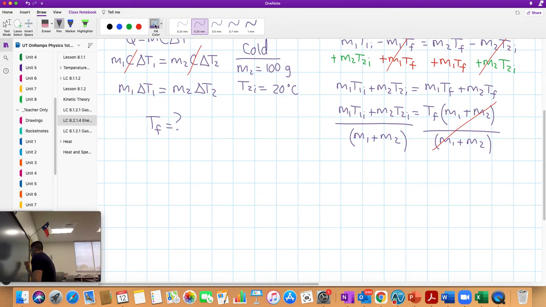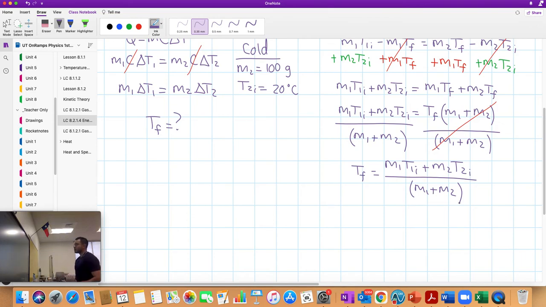So our equation will say temperature final is equal to mass 1 times temperature 1 initial plus mass 2 times temperature 2 initial, divided by mass 1 plus mass 2.